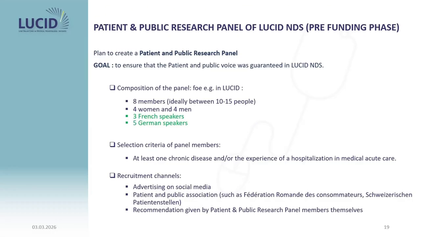For recruitment channels, what we found most useful was social media and patient public associations. But the best recommendation I would give is patient members themselves. They are really good at finding colleagues, if I may say.